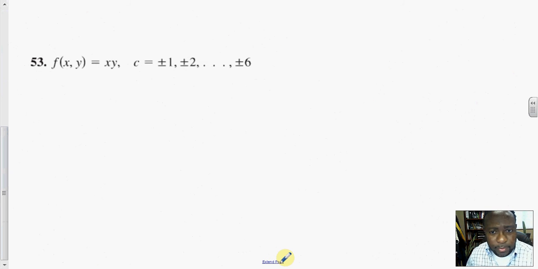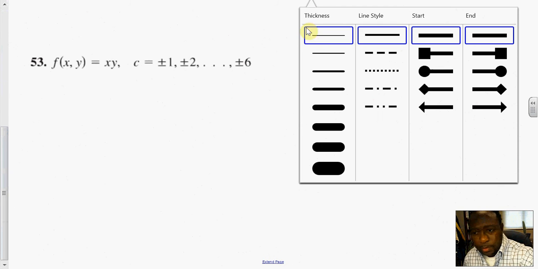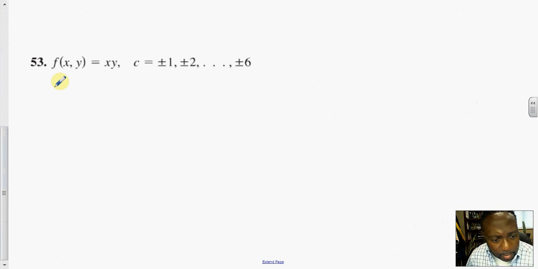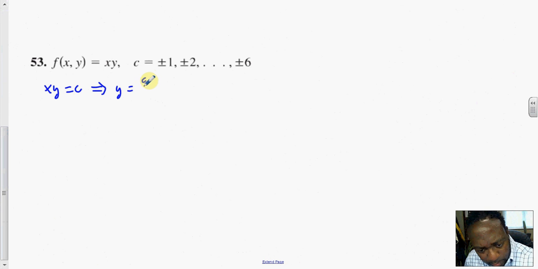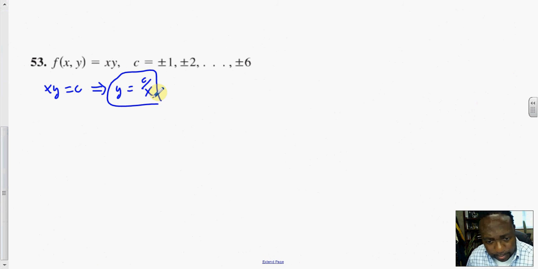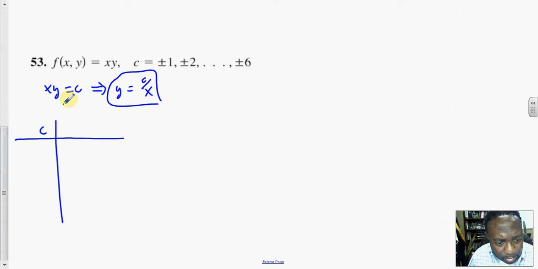Okay, the next one. This is x times y is equal to c. This implies that y is equal to c all over x. So when c is plus or minus 1, y is plus or minus 1 over x.